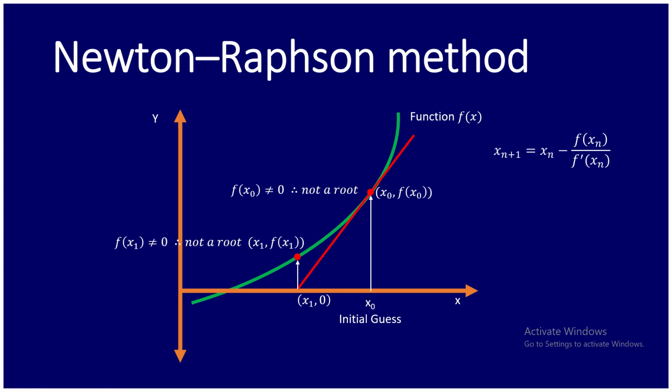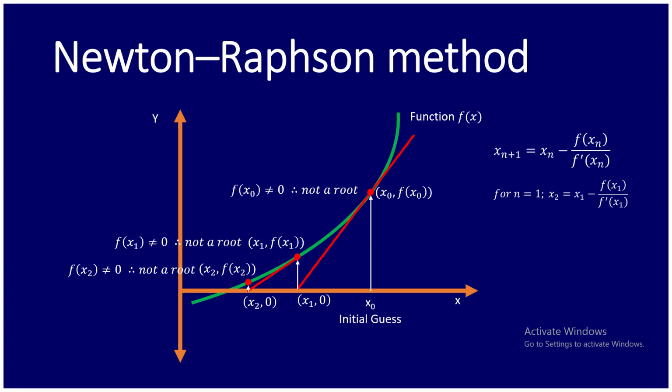But here it is also not equal to 0, so we'll again draw a tangent here and we'll calculate x2 using this formula. So x2 will be equal to x1 minus f of x1 divided by f dash of x1. Now we will substitute x2 into f of x, and if f of x2 is 0, x2 will be the root of the equation.